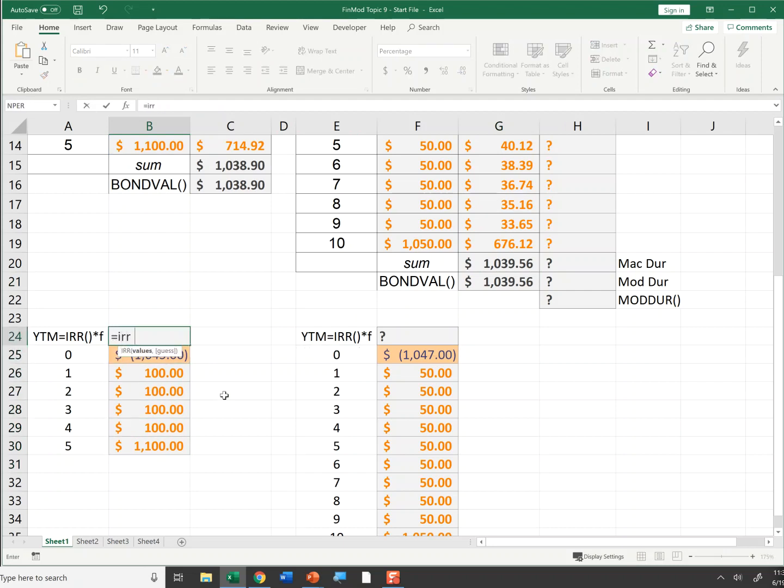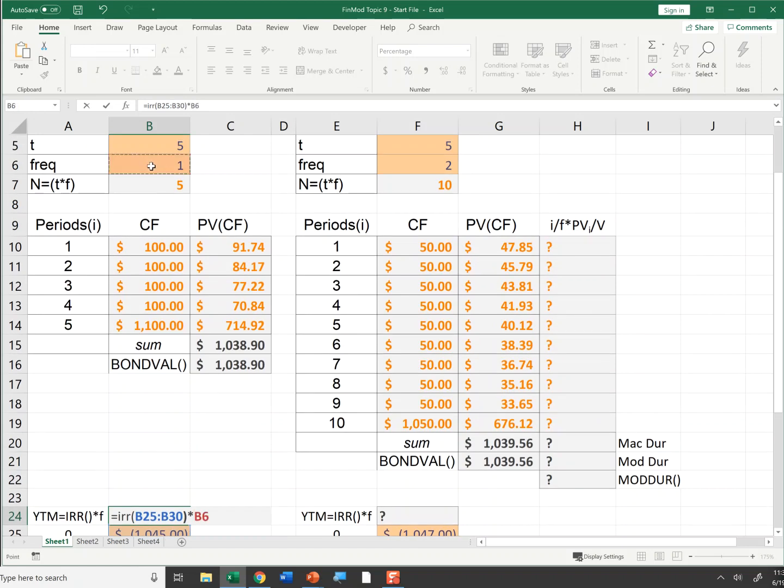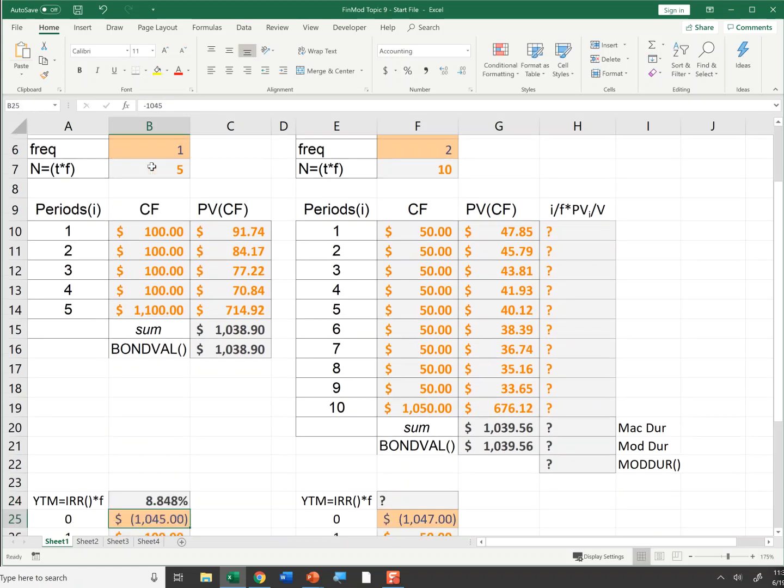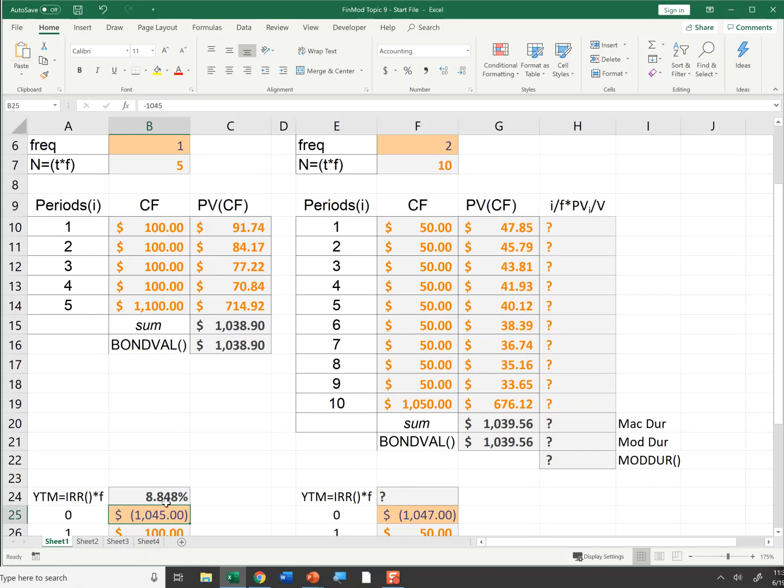If we simply then take the IRR of the cash flows and multiply times the frequency, we can see that if we pay 1,045 for this bond, the YTM is 8.848%. And you can think of that as the rate of return you're earning if you pay 1,045, with the caveat that the bond does not default and you're able to reinvest your coupons at that yield to maturity.